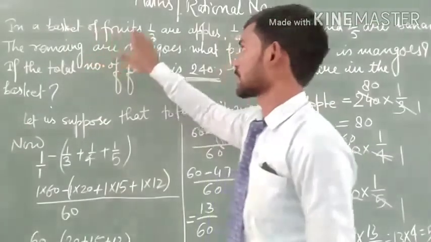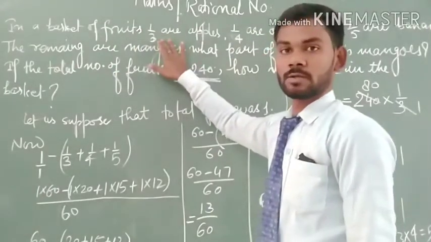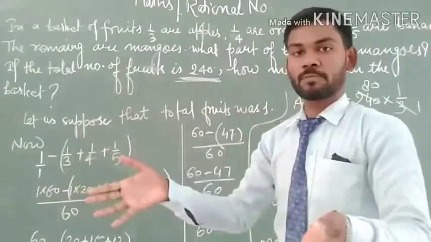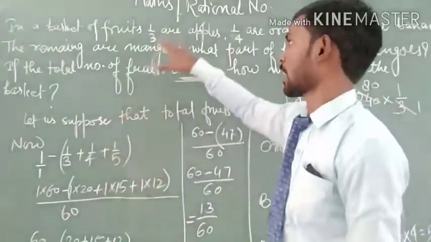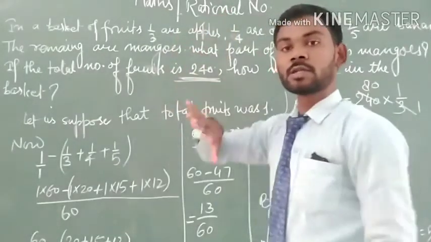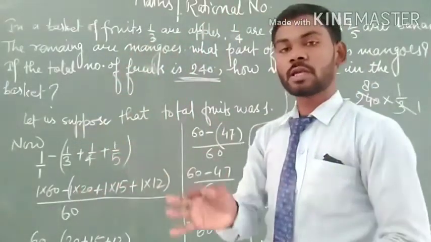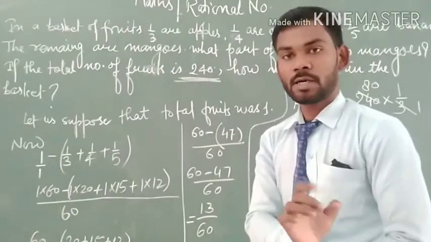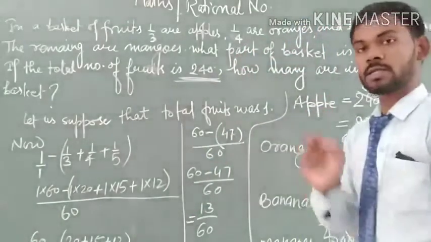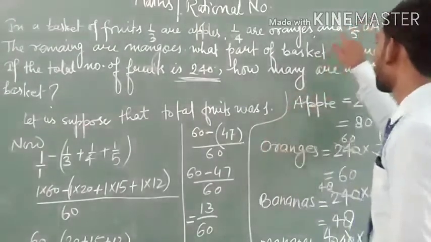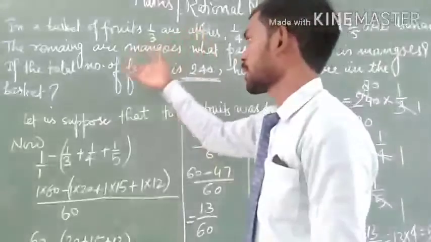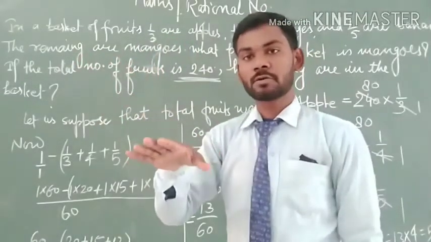In a basket of fruit, okay, there is a basket, and in that basket various types of fruits are filled, out of which 1/3 are apple. In total, 1/3 part is apple, 1/4 part is orange, 1/5 part is banana, and the remaining part is mango.